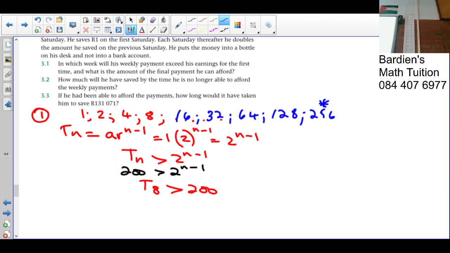After 8 weeks, they count wrong. So 1, 2, 3, 4, 5, 6, 7, 8. Just check what did we get for 8? 2 to the 7. 5, 6, 7. I'm doing something wrong here.